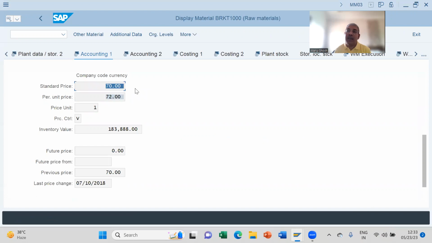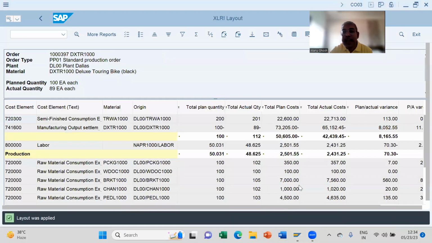Even though you are not valuing the inventory at this price, this is the price used for the standard cost estimate, and that is the reason it is updated here as a standard price. It's manually updated. You can provision for escalation of price, etc., and you just manually update that, and accordingly SAP will calculate the planned cost for BRKT.